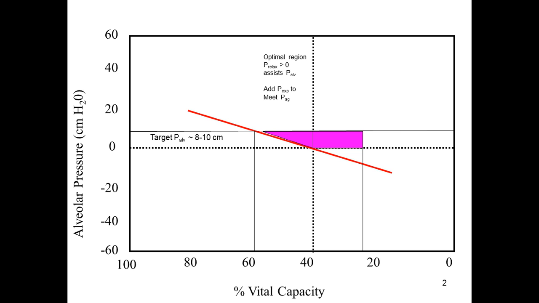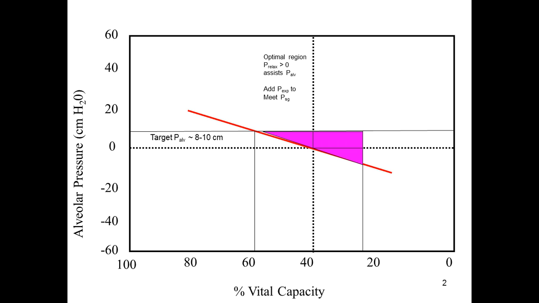That means we have to add an additional amount of expiratory muscle activity, not only to generate the positive alveolar pressure, but to offset the opposing pressures from the relaxation of the system. So the system wants to bounce back up to 40%, and we have to overcome that with muscle effort.